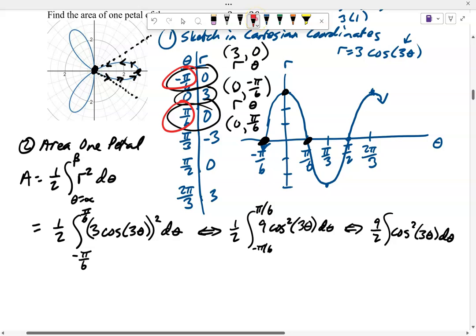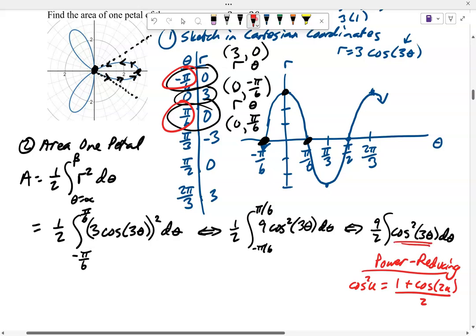Now remember, I'm going to have to use my power reducing. Cosine squared of u, if you look on your trig cheat sheet, is 1 plus cosine of 2u all over 2. So that's what I'm going to do with that.